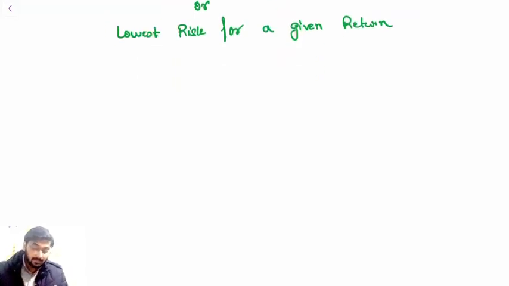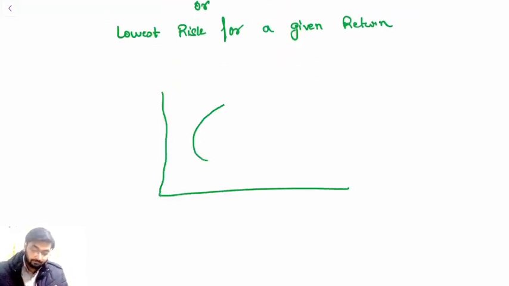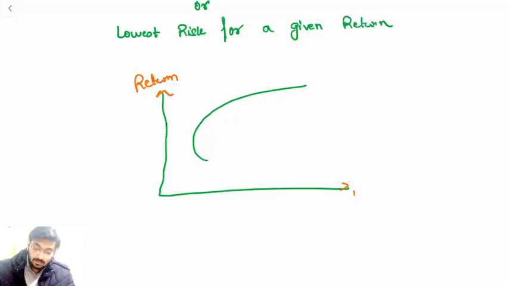Now try to understand this first of all. Now this is your return, this is your risk. Now presume that here we have one point, this is another point, and this is another point. Clear?